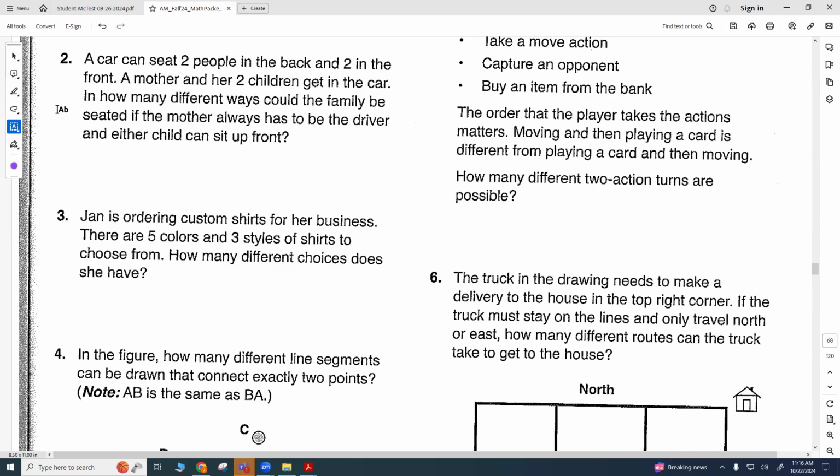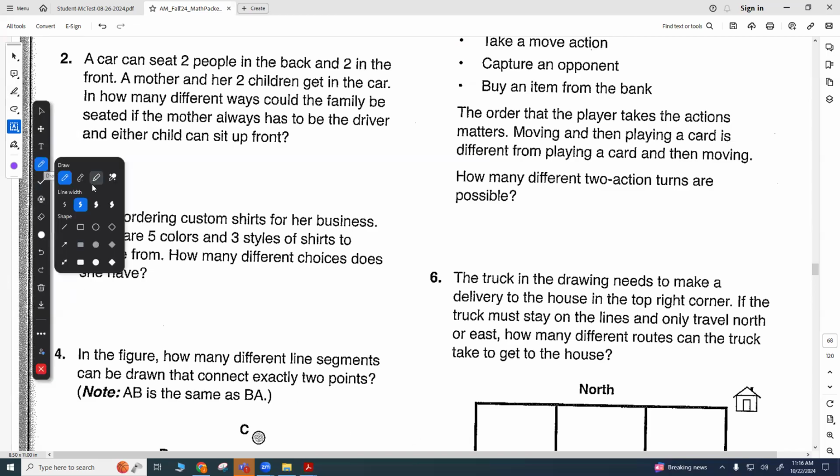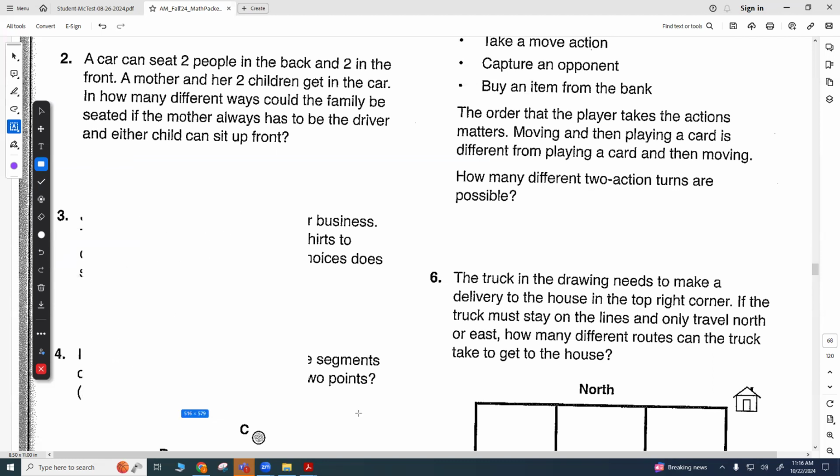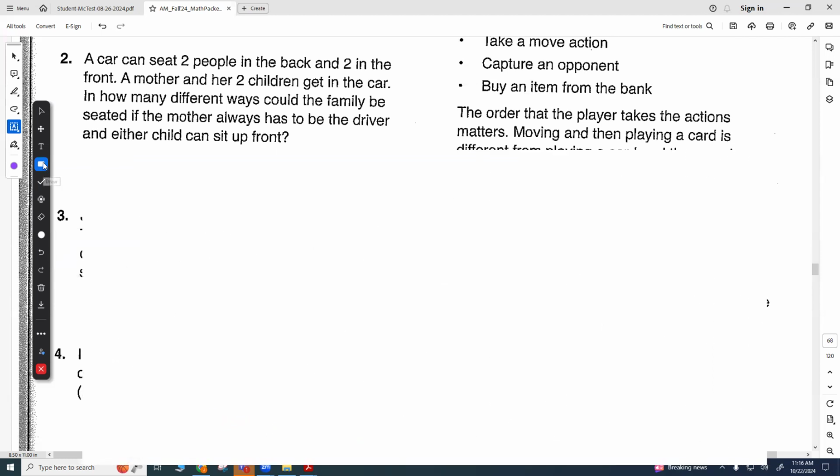So I think for here, if we draw a car, now remember the situation is a little bit different, but let's see. So we have our car.